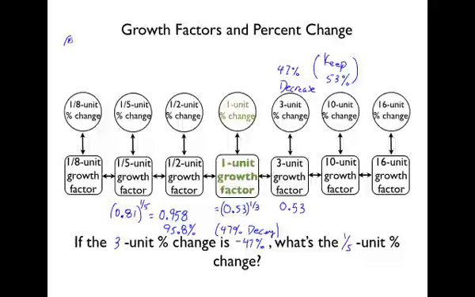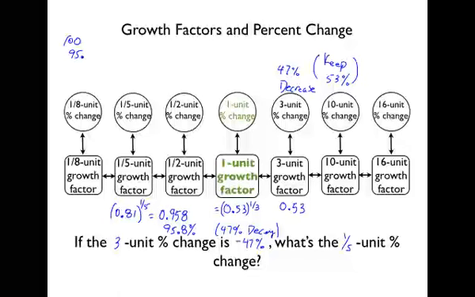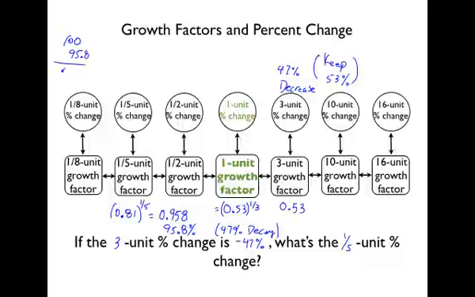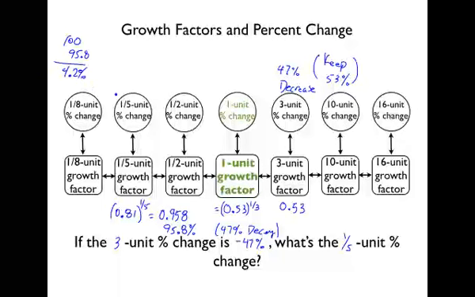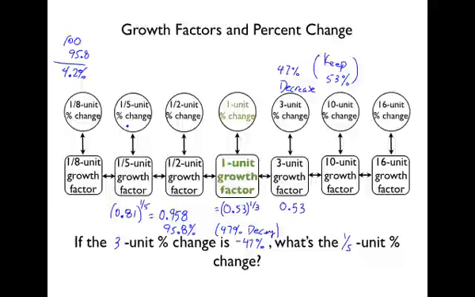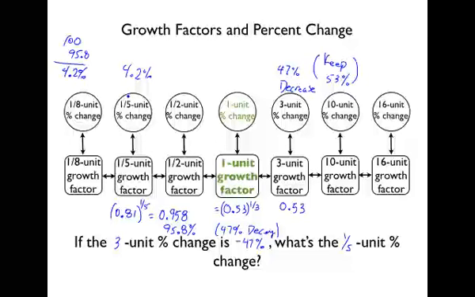So 100 minus 95.8 is the other percent that's involved here? Is that 4.2? So what's the 1/5 unit percent change? Yeah, so you could say negative 4.2, or you could say a 4.2% decrease.